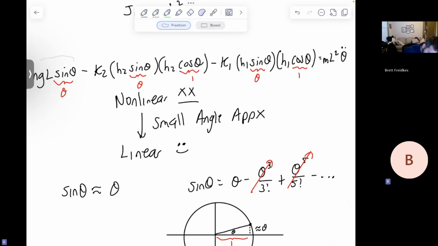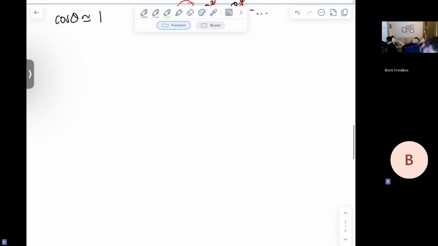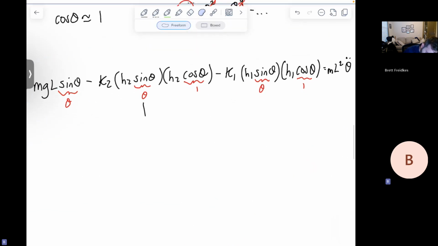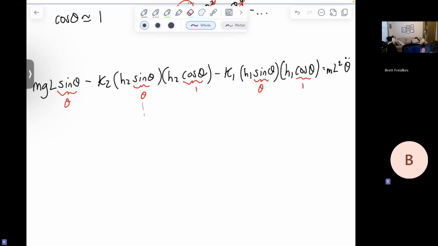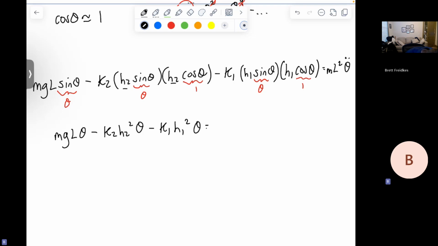So let's go ahead and copy and paste this so we can view it down below and rewrite it. So this is going to be mgl theta minus k2, we have h2 twice, so that'll be h2 squared with the theta, minus k1 h1 squared with the theta. That is equal to ml squared theta double dot. And I can bring everything over to one side and then divide by ml squared if I want.